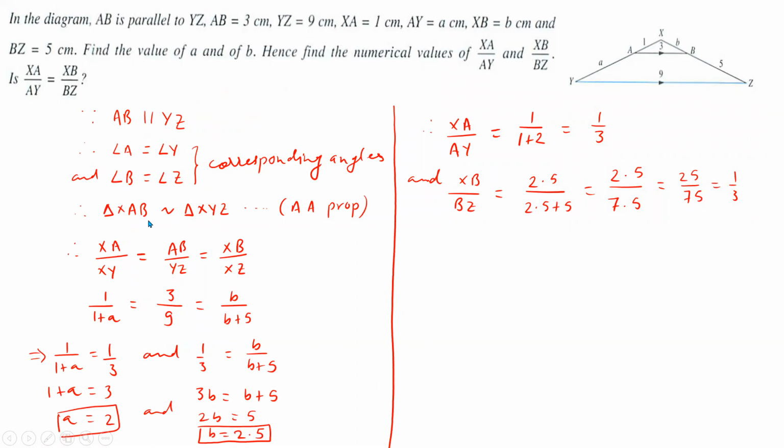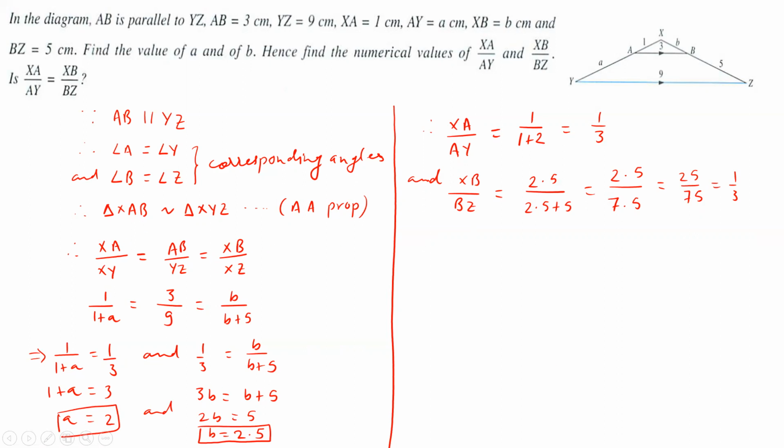Once you get that they are similar, the corresponding sides will always be in equal ratio. Substitute the known values. XA is 1, so 1. XY is 1 plus A in this part, so 1 over 1 plus A. AB over YZ, that's easy, it's 3 over 9. And then we have XB over XC, which is B over B plus 5. That's XC, not just 5 here.